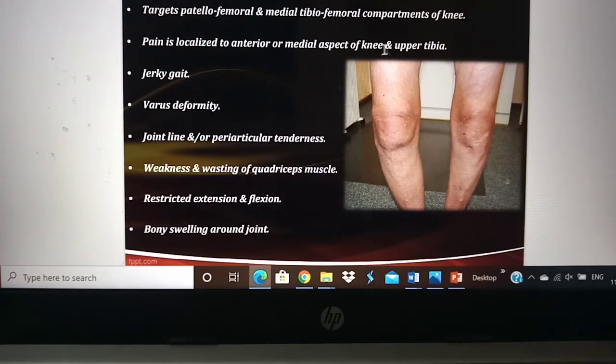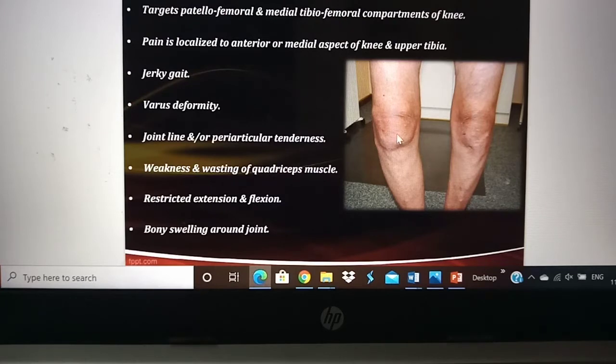Then there is varus deformity. You can see the space between both the knees is much higher than a normal person's. Here it is tapering, whereas the space here is more; that is varus deformity. Then there is tenderness over the periarticular joint line, and weakness and wasting of the quadriceps muscle.